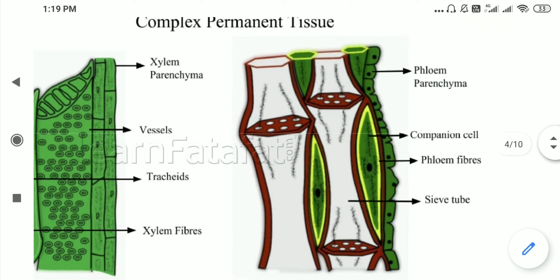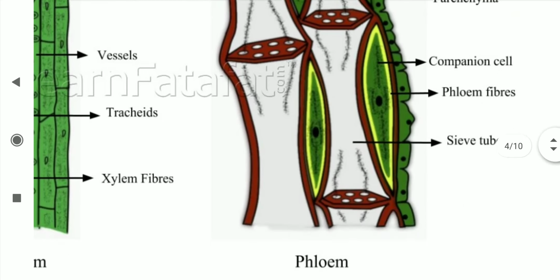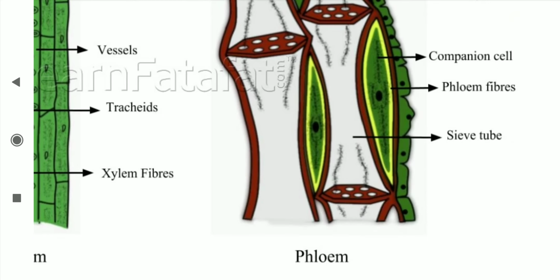Children, are you able to see these holes? The plates which are having several holes are called sieve plates. The sieve plates are perforated by numerous pores. These pores allow the food to move from one cell to another cell.